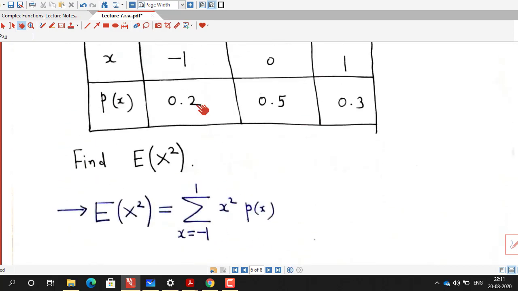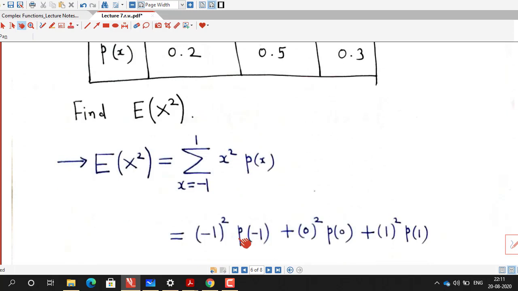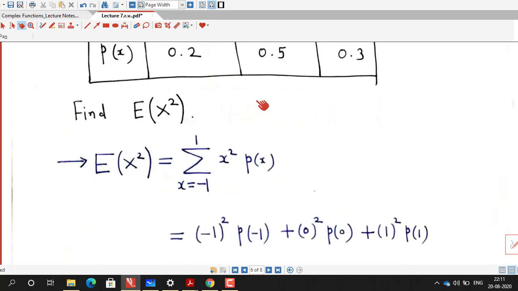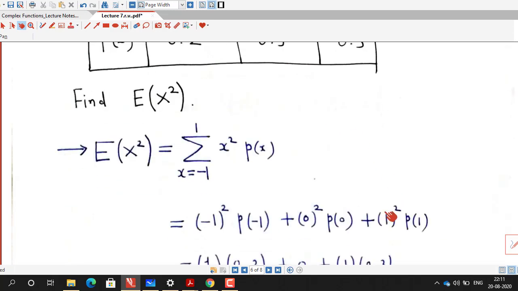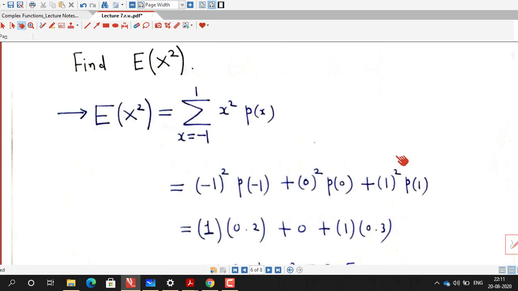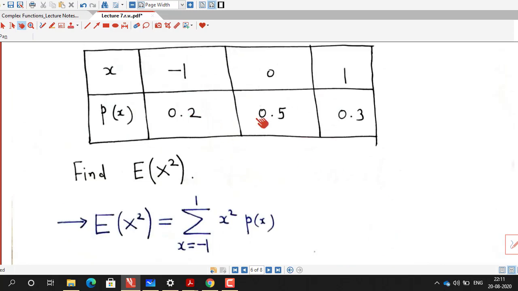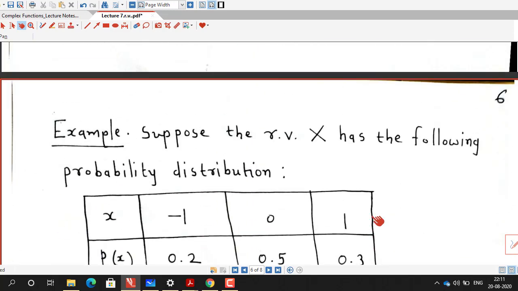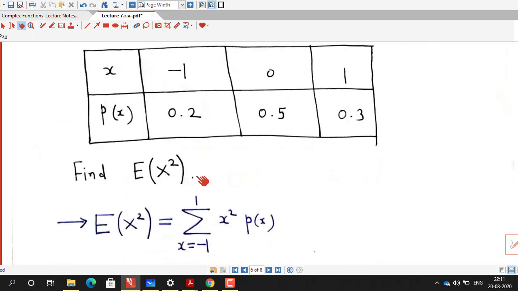So we have written here minus 1 square into probability at point minus 1, plus 0 square into p of 0, and 1 square into p of 1. Then we have put the values of p of minus 1, p of 0 and p of 1, that is 0.2, 0.5 and 0.3, and we obtain 0.5 as the expected value of the square of the random variable.